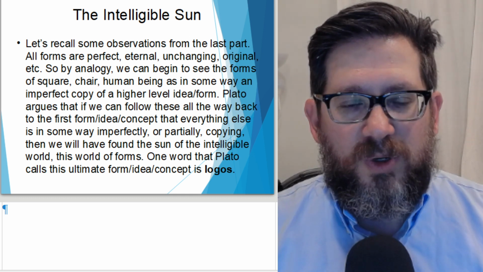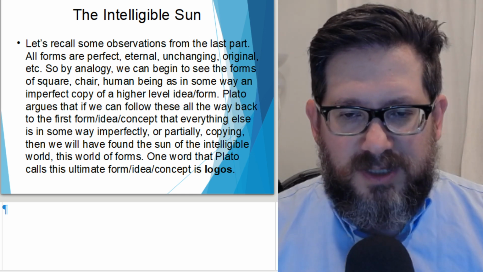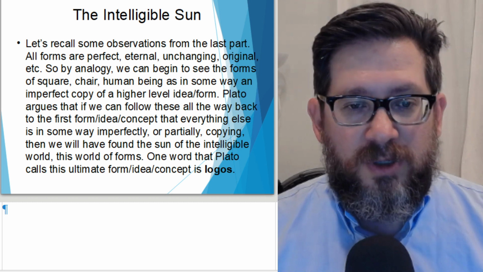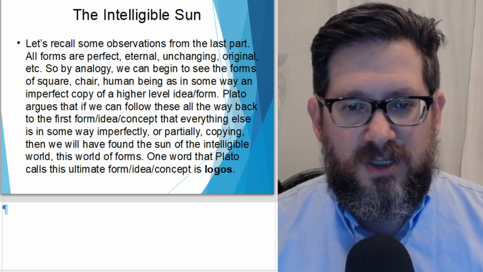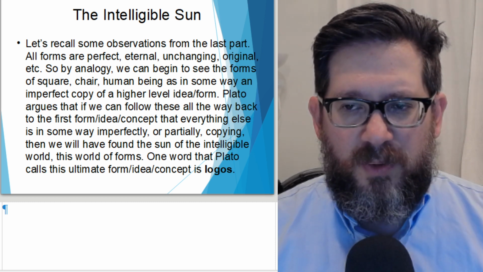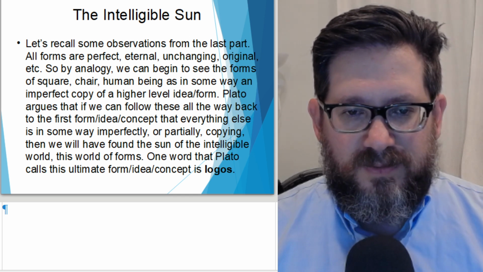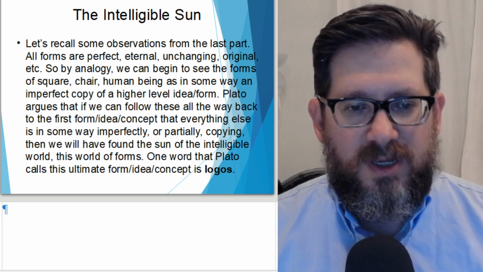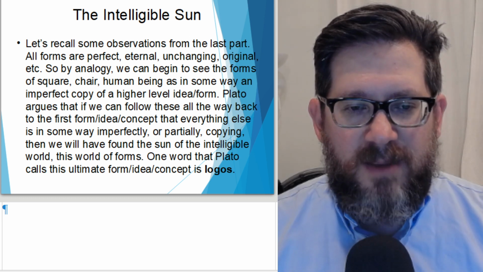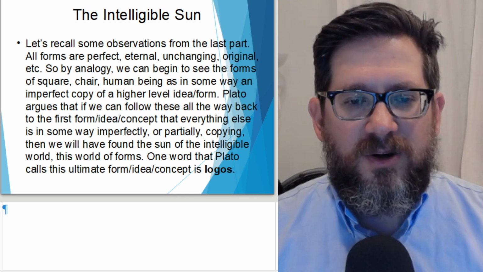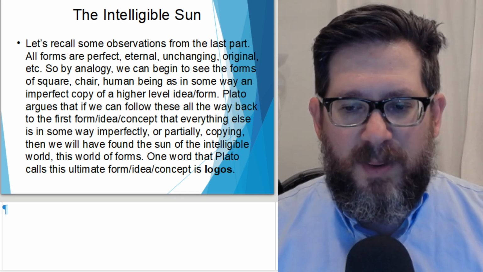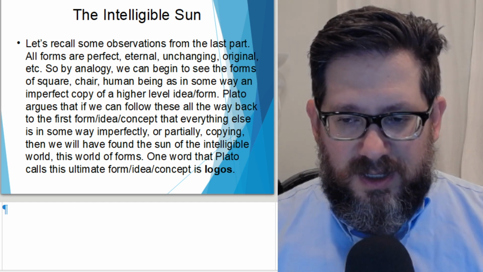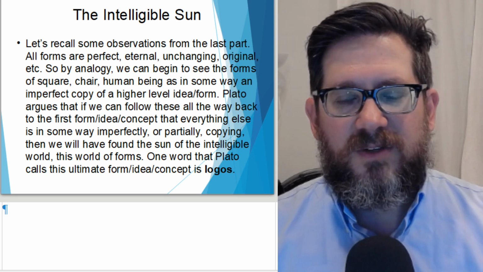So let's recall some observations from the last video. All forms are perfect, eternal, unchanging, original, etc. We made that table. So by analogy, we can begin to see the forms of square, chair, human being as in some way an imperfect copy of a higher level idea or form. And remember, the thing I drew on the paper was an imperfect copy of the idea of a square.